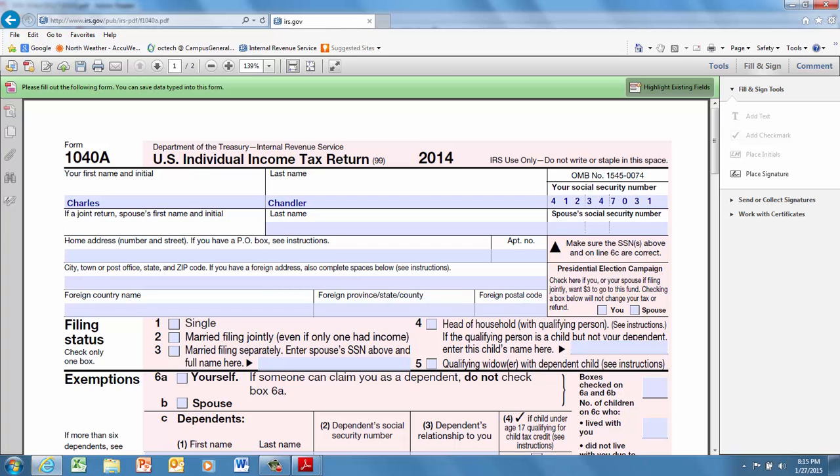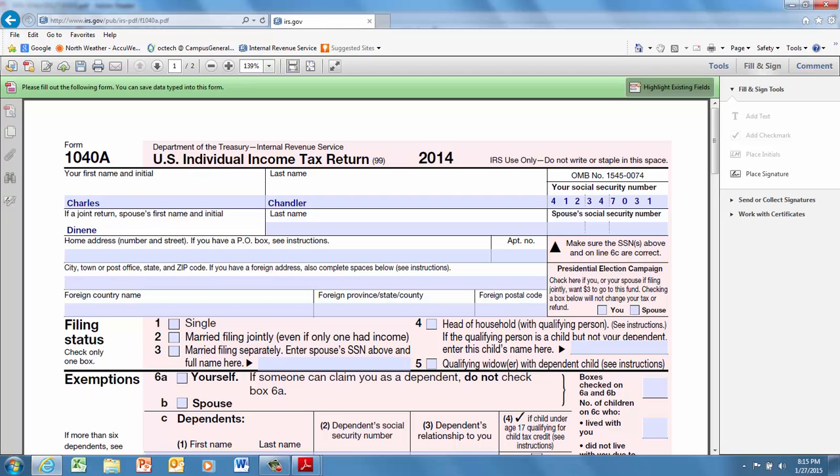Now here we do have a joint return. I put Charles in first, and I'm putting in Deneen second. However, that doesn't have to be that way. You could put in Deneen first and Charles second. It doesn't matter. It's just that if Charles is first, he becomes the you and the your.